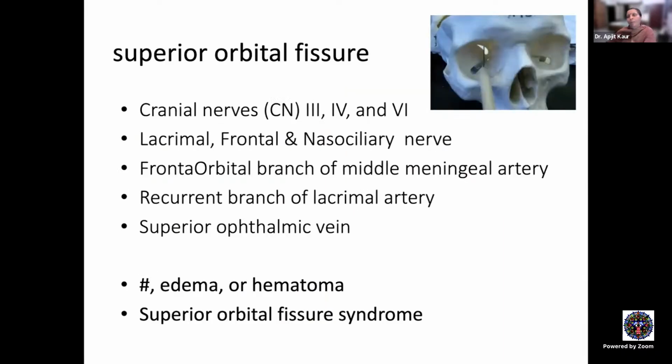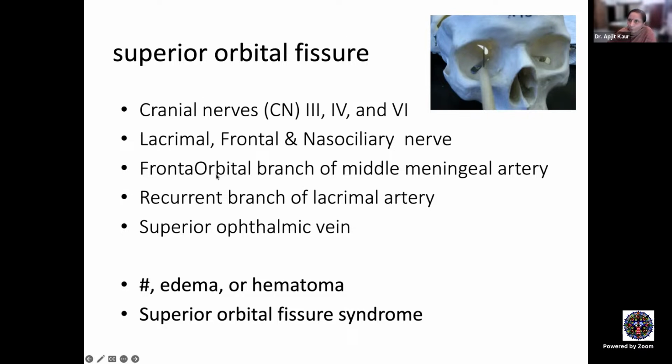Now, one by one, we'll address them. The superior orbital fissure has a huge number of structures passing through it. 3 cranial nerves, these branches of the cranial nerves, the fronto-orbital branch of the middle meningeal artery, the recurrent branch of the lacrimal artery, superior ophthalmic vein. So all nerves, arteries, vein.